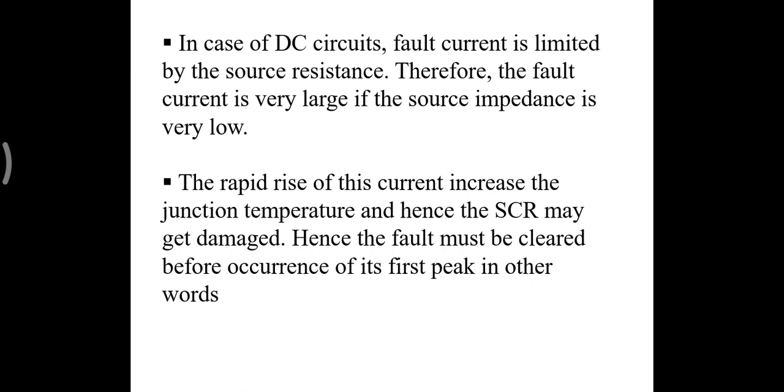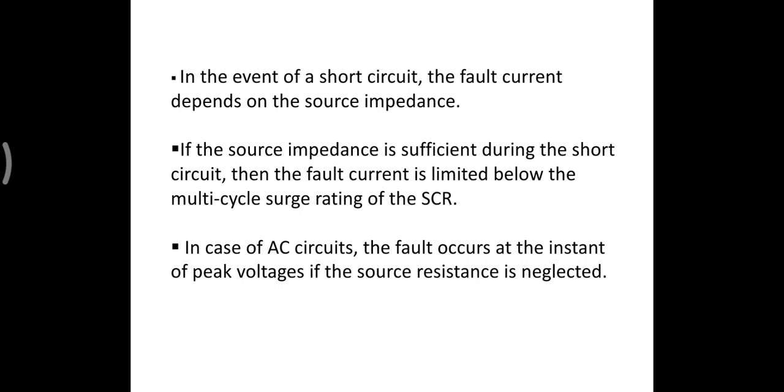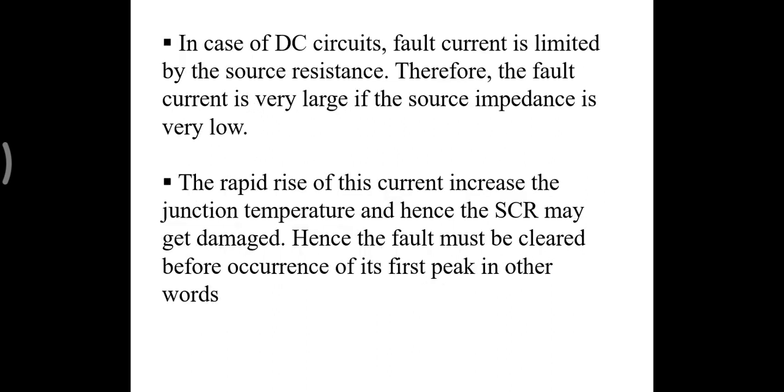Hence the fault must be cleared before its first peak is reached. So here we have to consider that AC fault current occurs at peak voltage, which is maximum, and DC fault current is limited by using a source resistor. In a DC circuit, this fault current is large when source impedance is low.